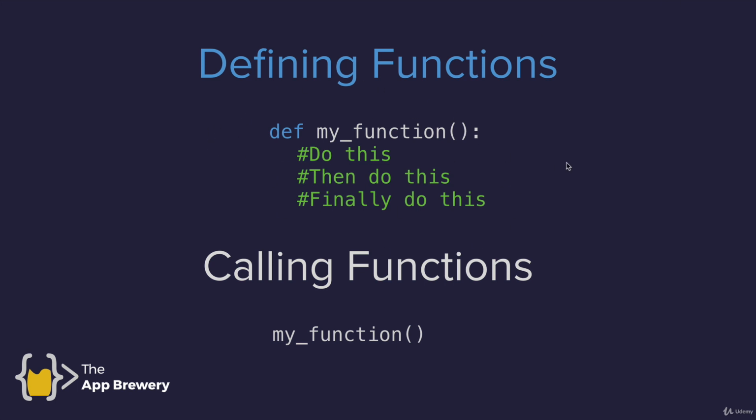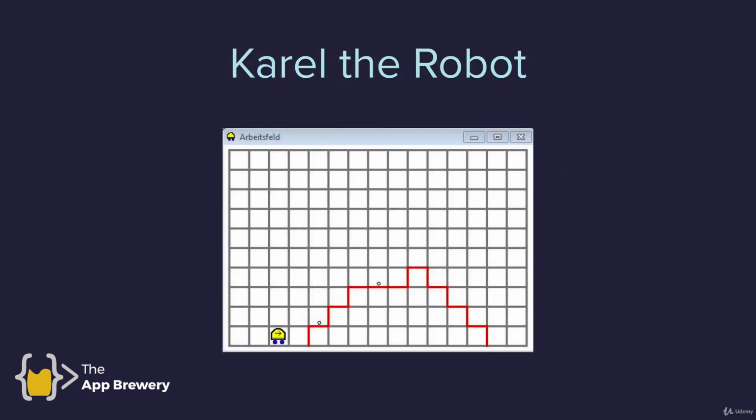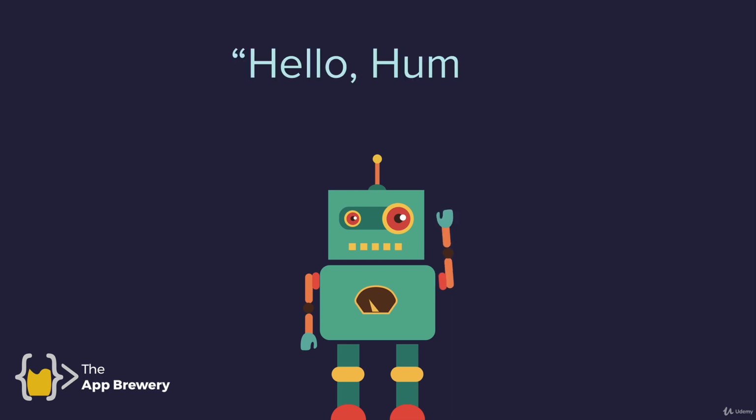And to learn about functions, I'm going to introduce you to something that's very similar to Carol the robot. The robot is going to be something that is just going to perform the tasks that we want it to, and no more and no less.